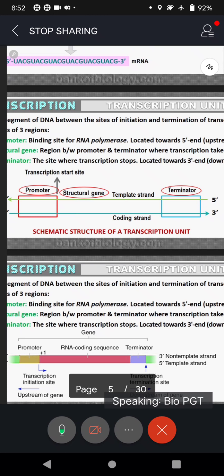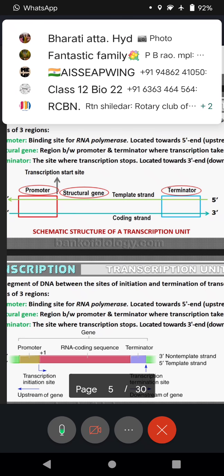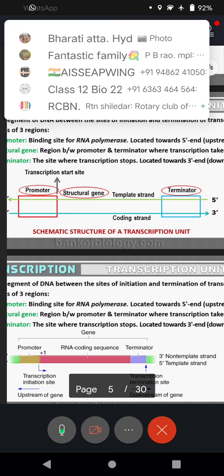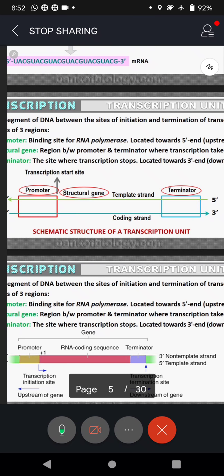Basically, what is a gene? If you ask me, all biology students give the answer as portion of DNA. And when one says portion of DNA, he knows that it is basically three molecules.